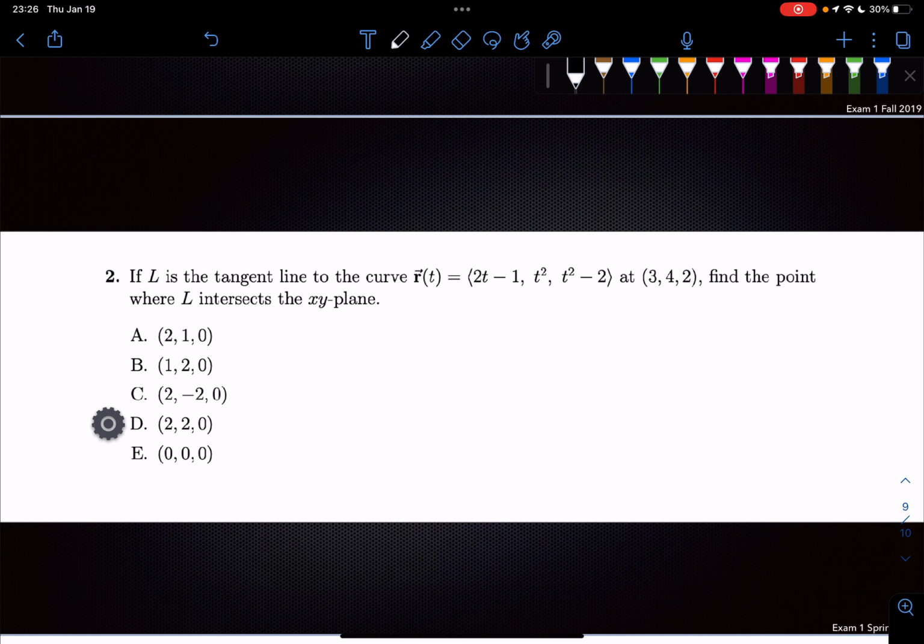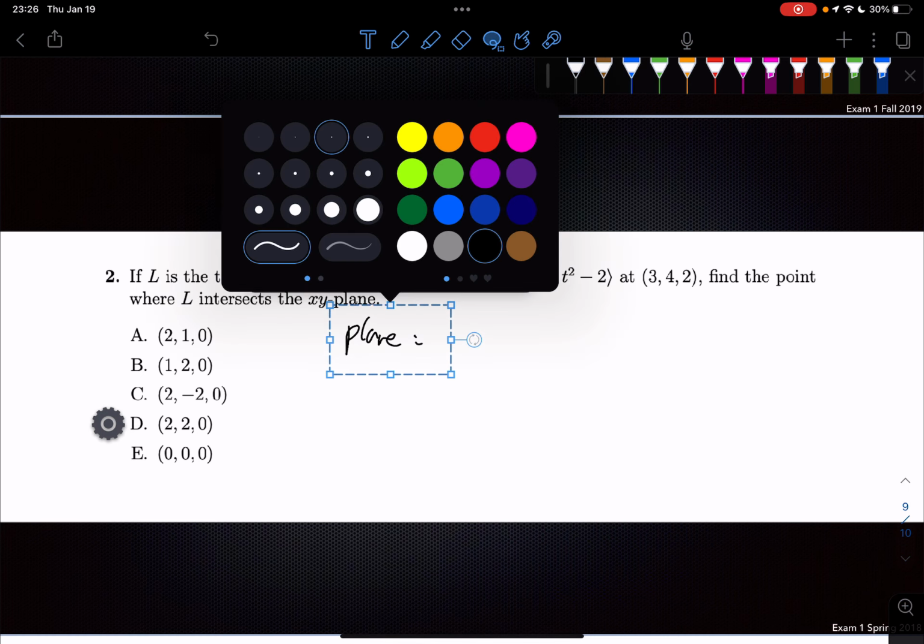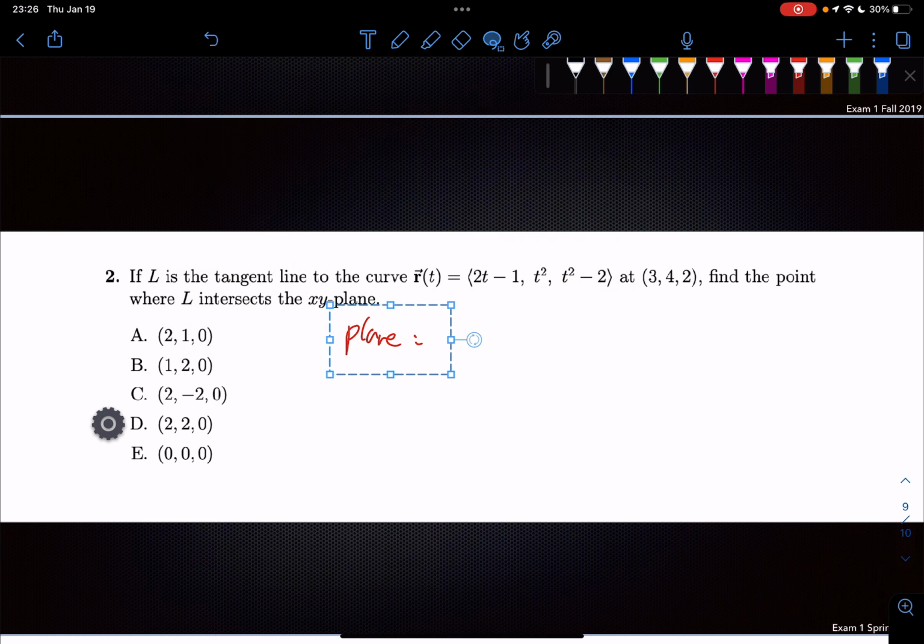Everybody understands that this is finding the intersection between a line and a plane. But what's a little bit tricky about this one is that the plane is given as just the xy plane, and that tells us the plane is z equals 0.